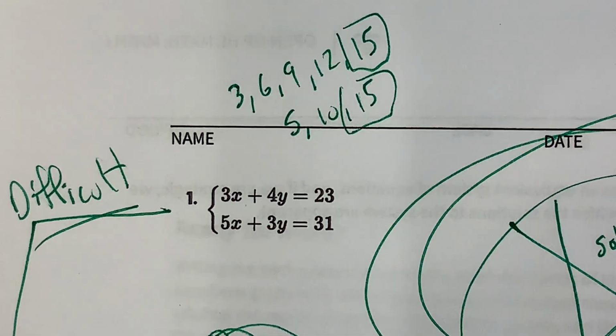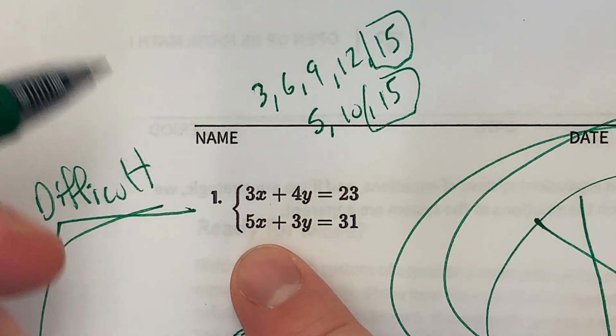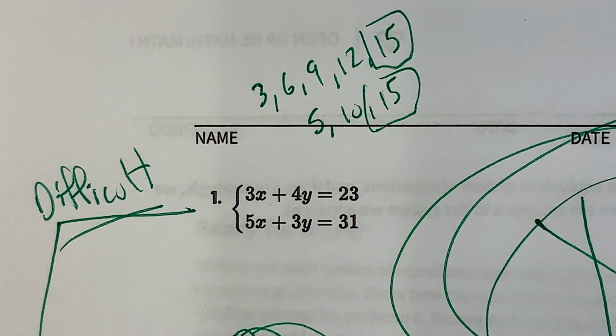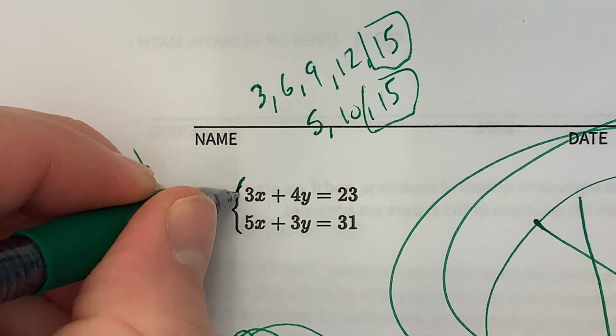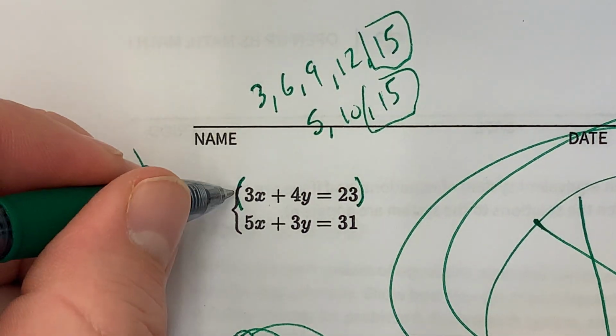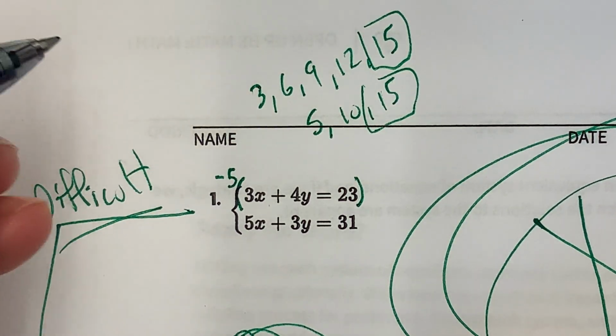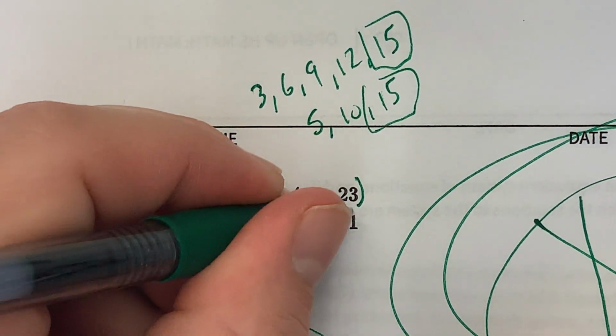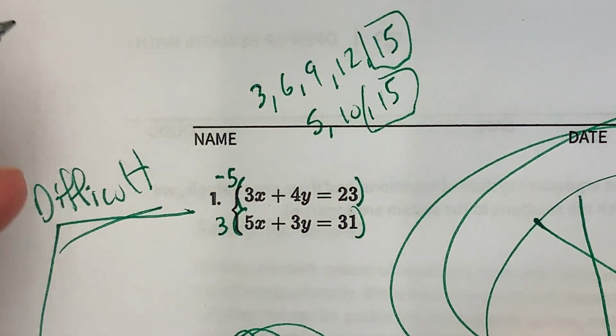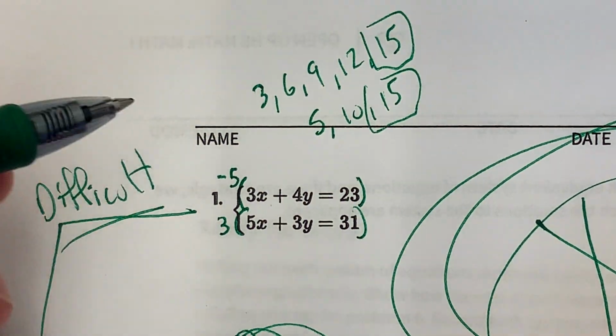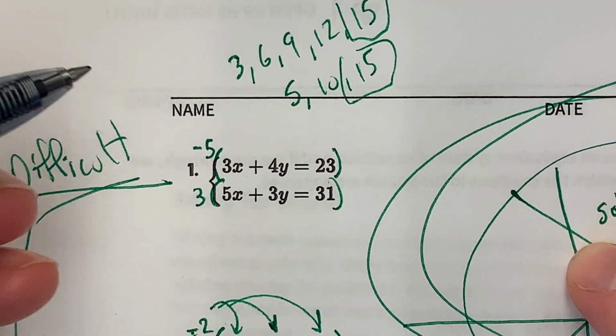And you see that the common relationship they have is 15. So what you want to do is turn one of these into negative 15x and one of them into 15x. So we'll turn the top into negative 15x by multiplying by a negative 5. But we're going to move the bottom to a 15x, which means I have to write two new equations, okay?